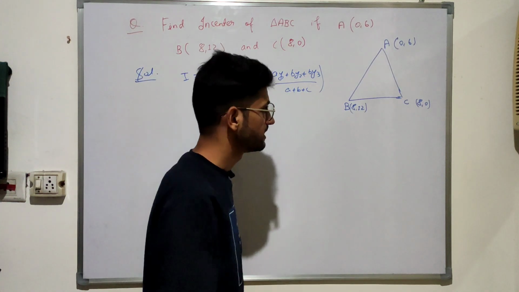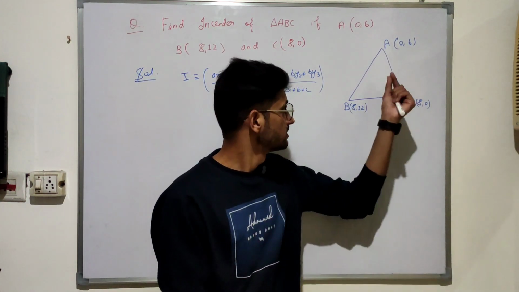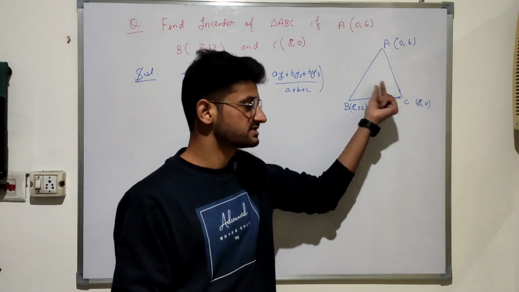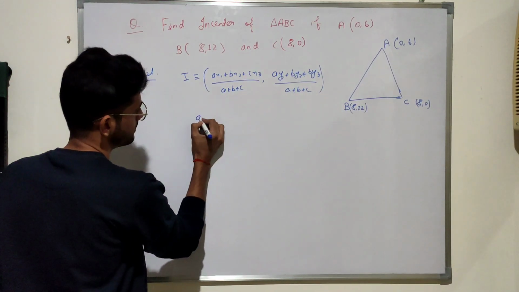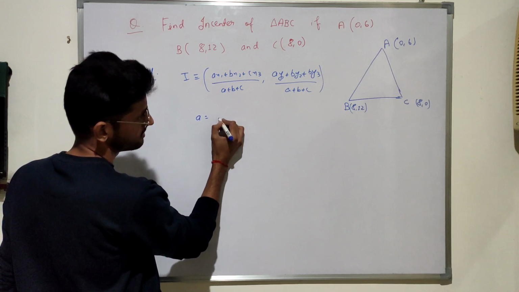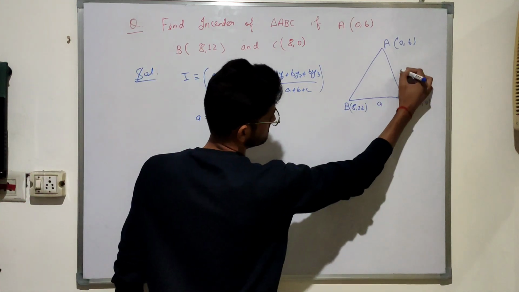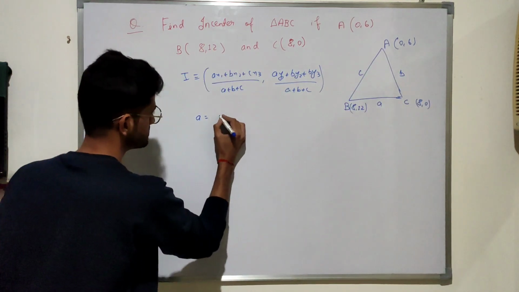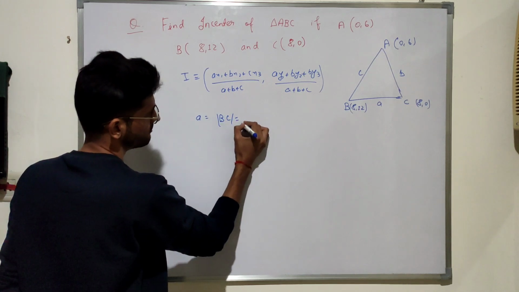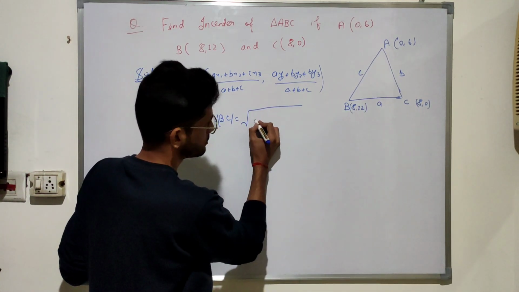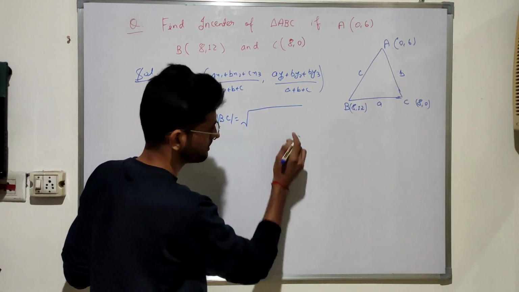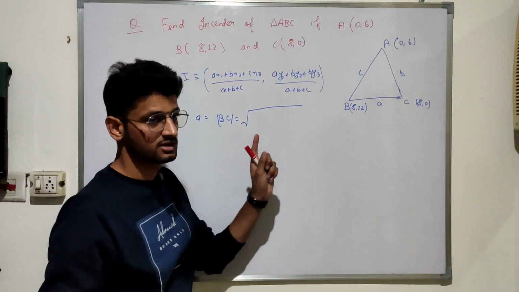So what are a, b and c? a, b, c are the side lengths opposite to angles A, B and C respectively. So what is a? a is the length of this side, this is a, this is b and this is c. So a is the side length of BC, which is equal to the square root of (x2 minus x1) whole square plus (y2 minus y1) whole square.